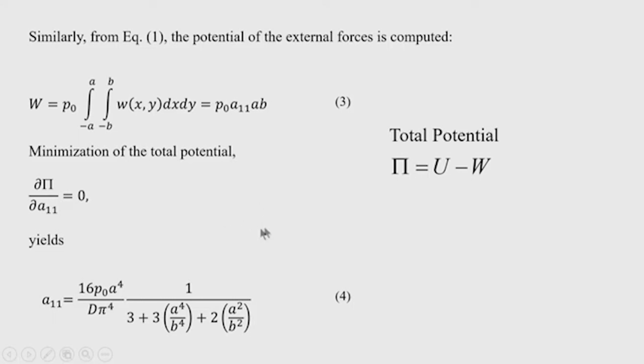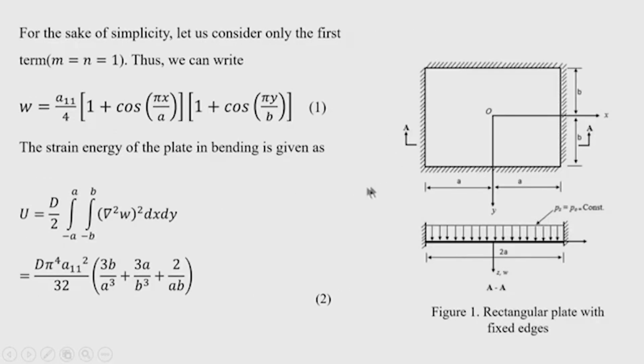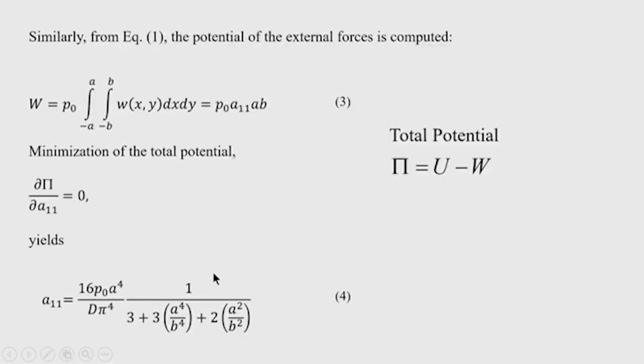The total potential capital Pi will contain the previous term, D pi to the power 4 A11 square divided by 32 bracket 3 b by a cube plus 3 a by b cube plus 2 by a b, minus P naught A11 a b. That term will be used to compose the total potential.